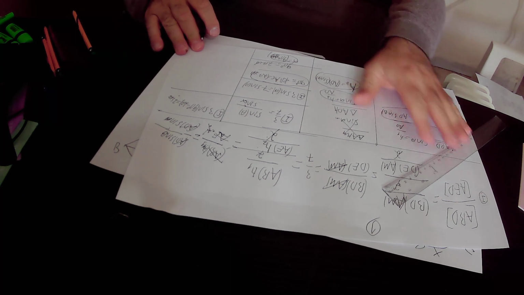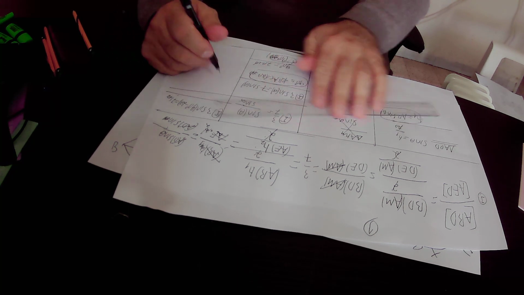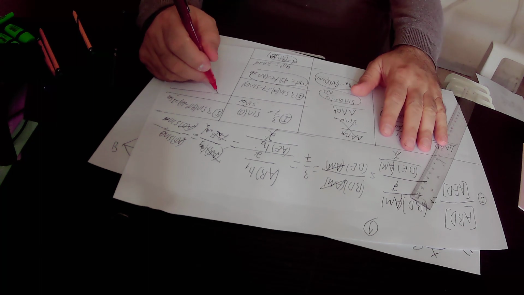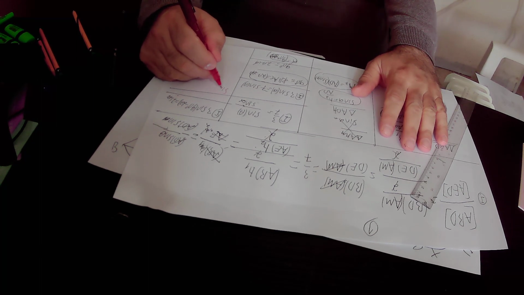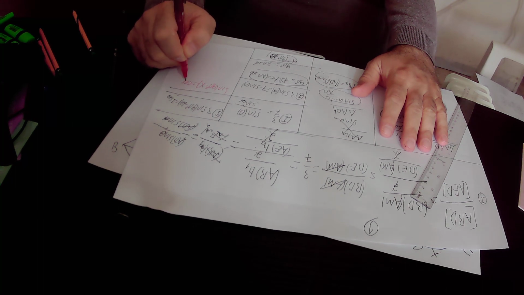Here we have a trigonometric identity that states that sine of 90 degrees minus x equals cosine x.